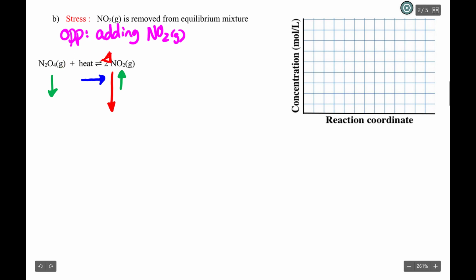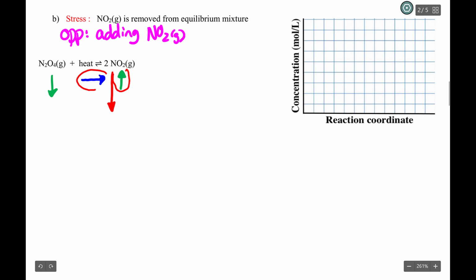So when we were doing my mindless Mr. Hope backup way on the previous question, it was all about if the stress caused an increase. Well, in this case, it's causing a decrease. So this is the way we can always back up our scenario. If our stress arrow goes down, we always shift towards that side. Now, whatever way we shift towards, and this was true in the previous question, the concentrations on that side will increase.